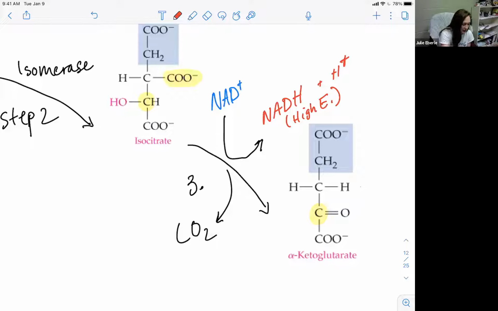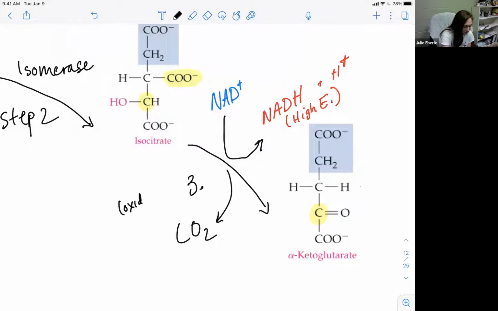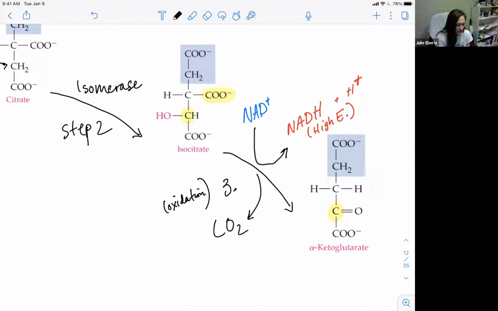So I'm actually going to write that step 3 is an oxidation. And NAD plus is reduced. So the substrate isocitrate is oxidized, NAD is reduced to NADH. And we're losing these two hydrogens. I'll just put an X over. We're ripping those off, and then we have a double bond to the oxygen.